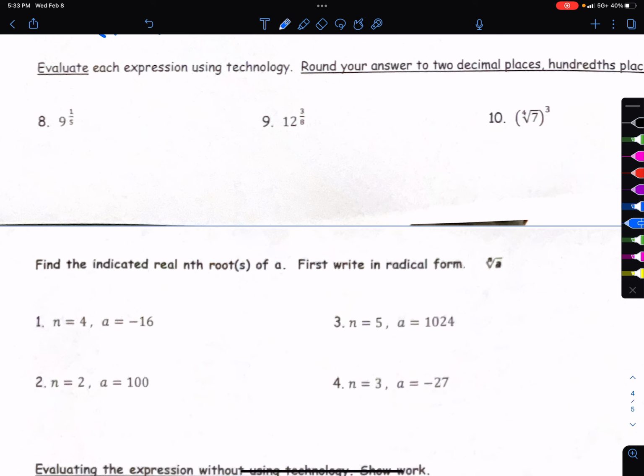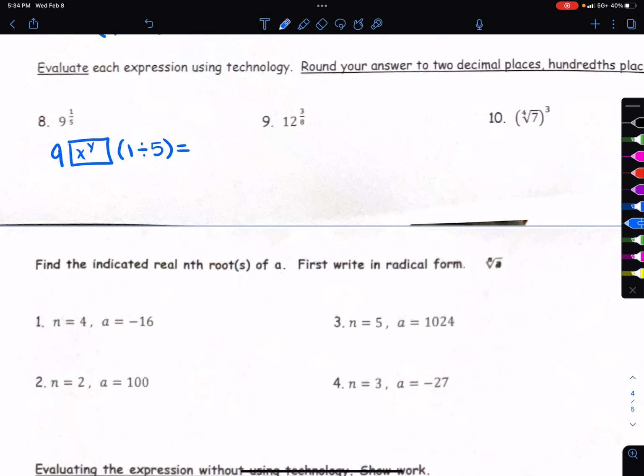Again, if you have the Android calculator or the Samsung or the iPhone calculator, we're going to put in 9. You're going to have a button that has X, Y, or might have Y to the X. And then we're going to put in parentheses, 1 divided by 5, close parentheses, and hit the equal sign.